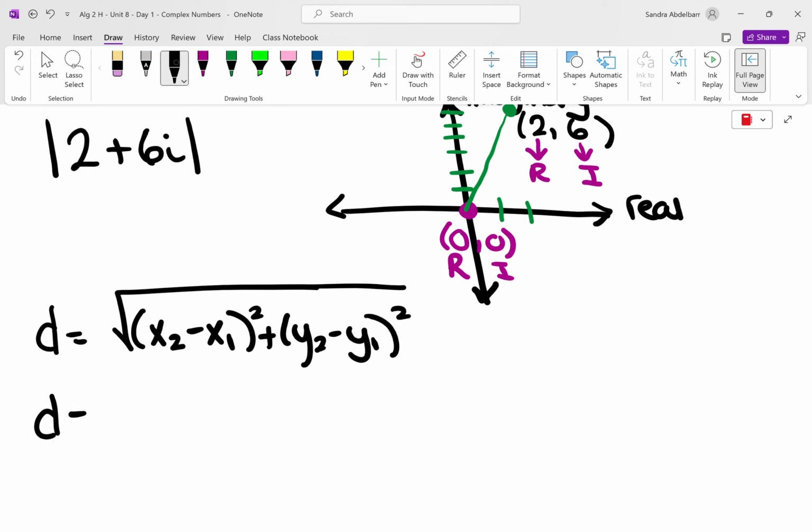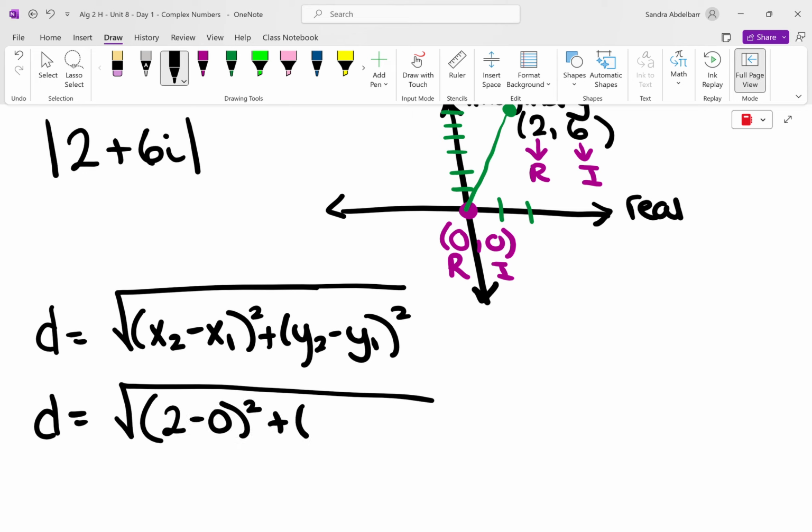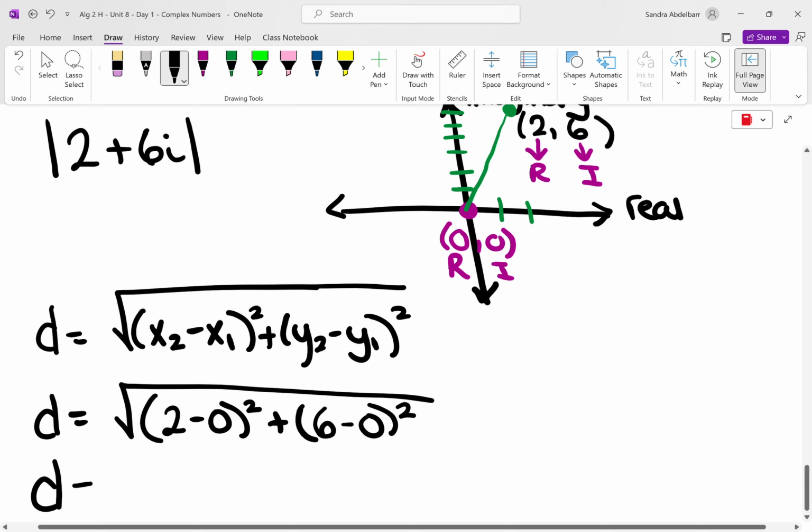Real and imaginary. So instead of x2 minus x1, we're going to do real 2 minus real 1. So what is that? 2 minus 0 squared. And instead of y2 minus y1, we're going to do imaginary 2 minus imaginary 1, which is going to be 6 minus 0 squared.